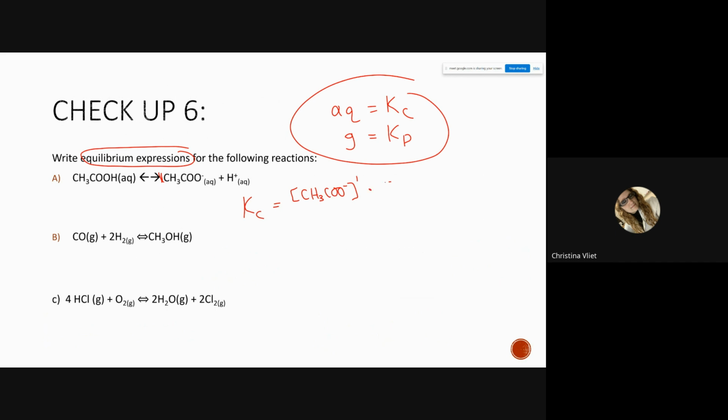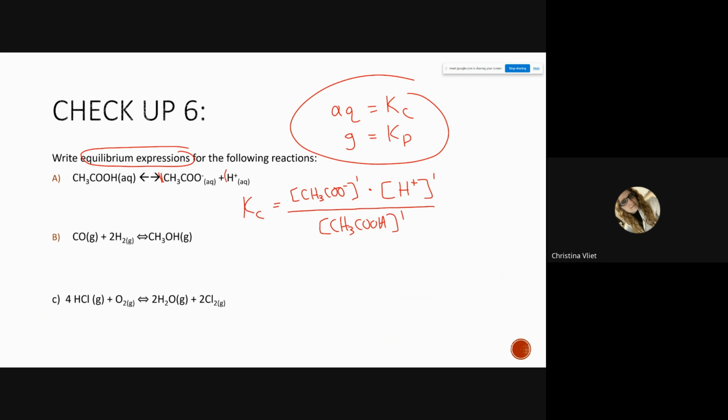So multiply by the concentration of H+. What is the exponent here? 1. That's it. On the bottom, what is your reactant? How many reactants do you have? 1. So it's just CH3COOH. So far, so good.